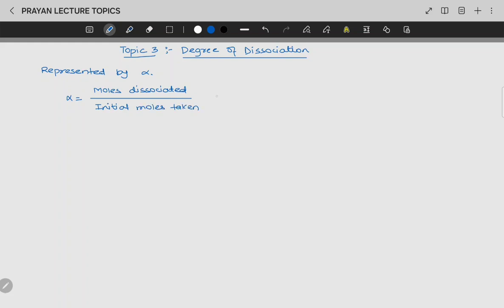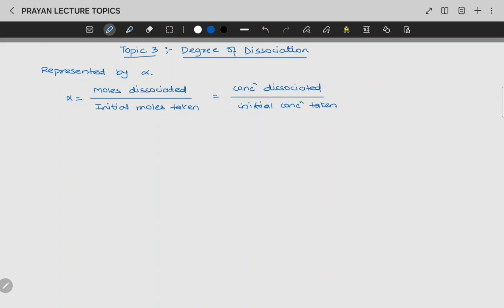We can also write this in terms of concentration: concentration dissociated upon the initial concentration taken.